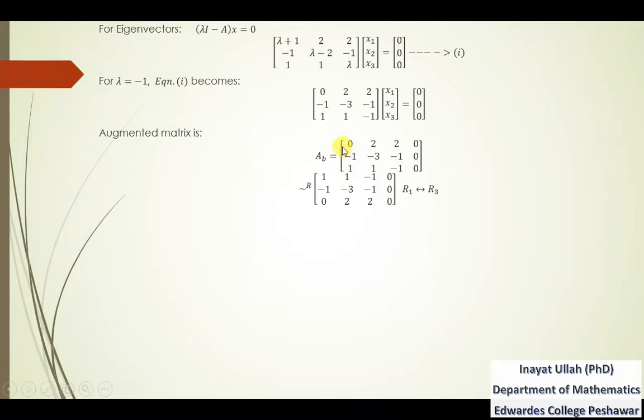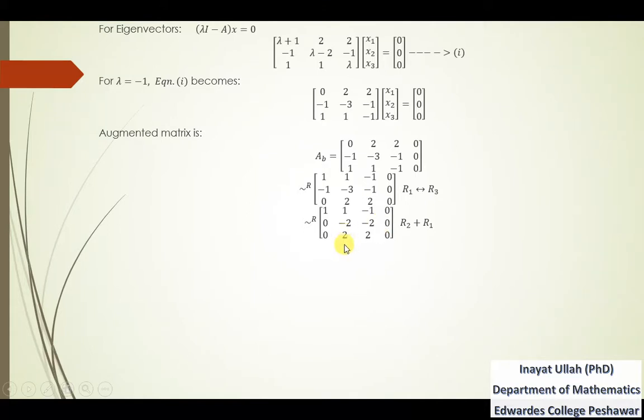So interchanging row 1 and row 3, this row will be here and that row will be there. Now we just need to make this element and this element 0. How could we make this element 0? By adding row 2 with row 1. So minus 1 plus 1 is 0, minus 3 plus 1 is minus 2, minus 1 minus 1 is minus 2, is equal to 0.